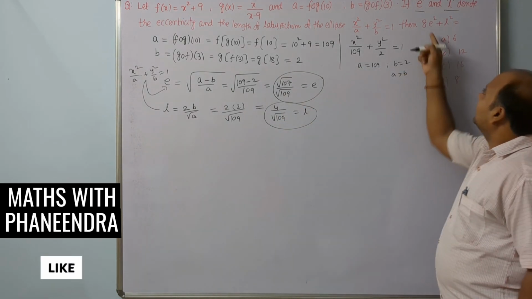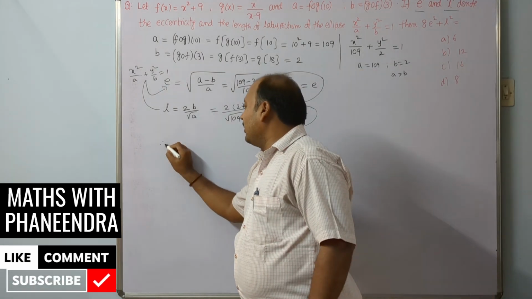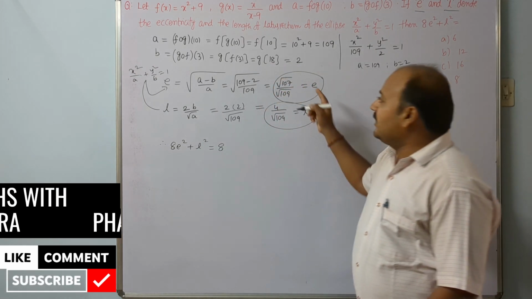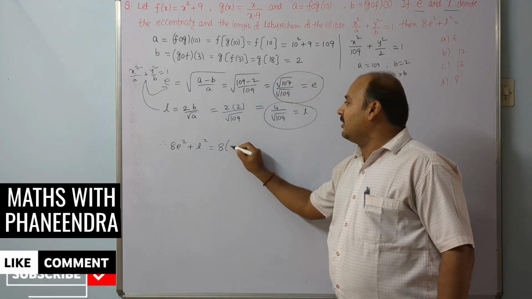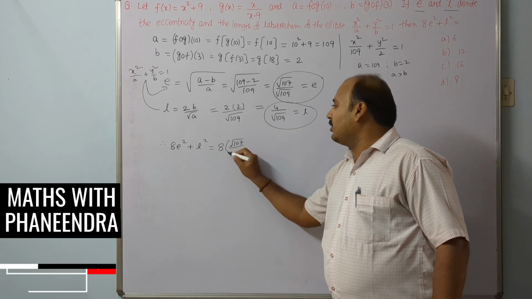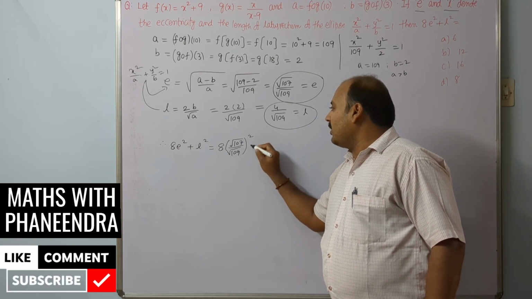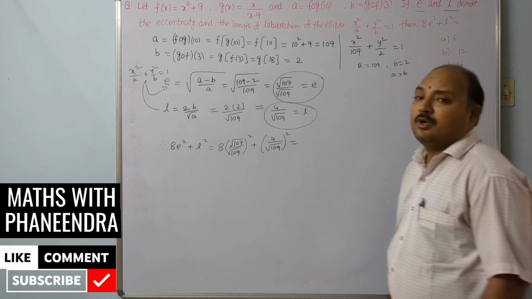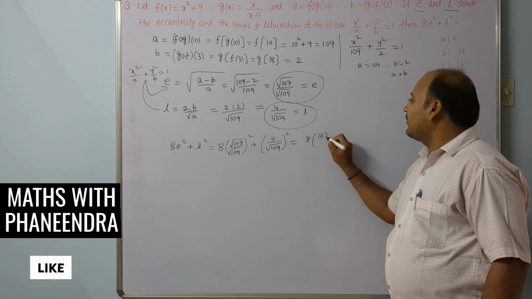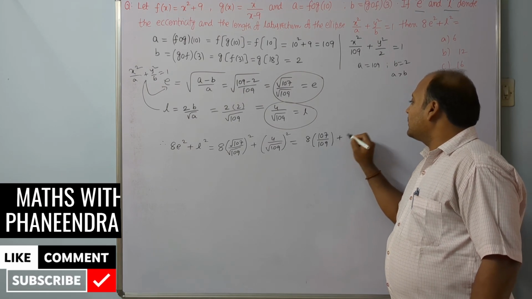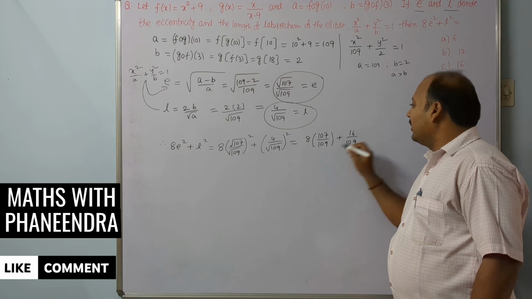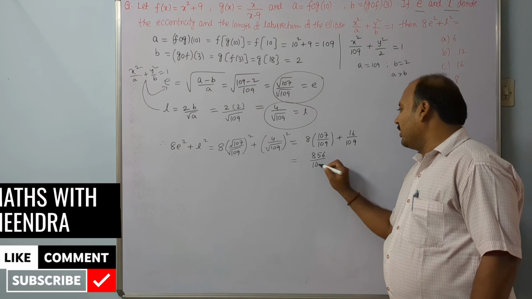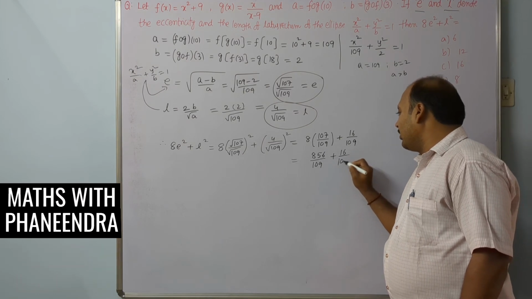Now the question is 8e square plus L square. Therefore, 8 into e square, whenever you do the square, (root 107 divided by root 109) whole square, plus L square, (4 by root 109) whole square, which is equal to 8 into 107 divided by 109 plus 4 square, 16, divided by 109, which is equal to 856 divided by 109 plus 16 divided by 109.